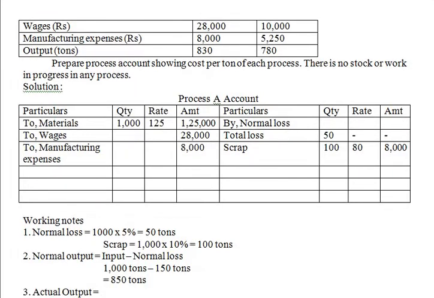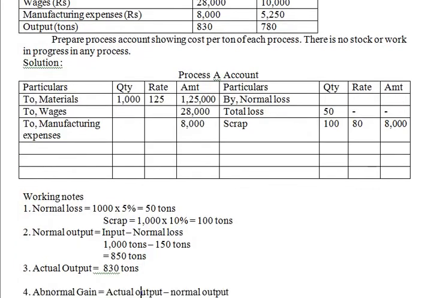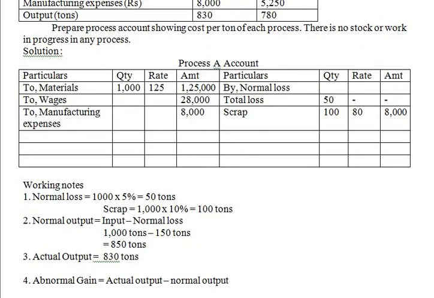Okay. Now actual output is given in the problem. For A it is 830 tons. Now to know whether there is abnormal loss or gain, we need to compare normal output as well as actual output. Now if actual output is more than the normal output, then there will be gain. Suppose if actual output is less than the normal output, it means there will be abnormal loss.